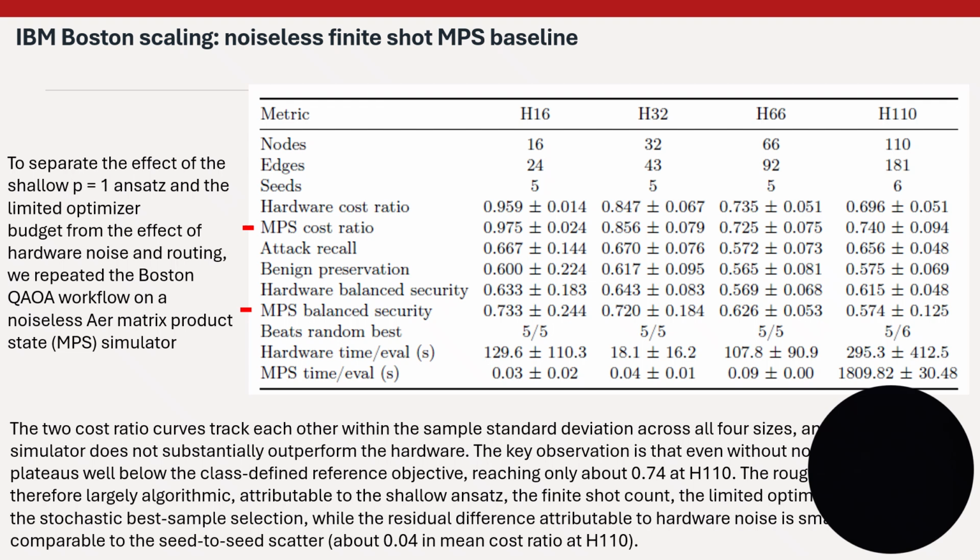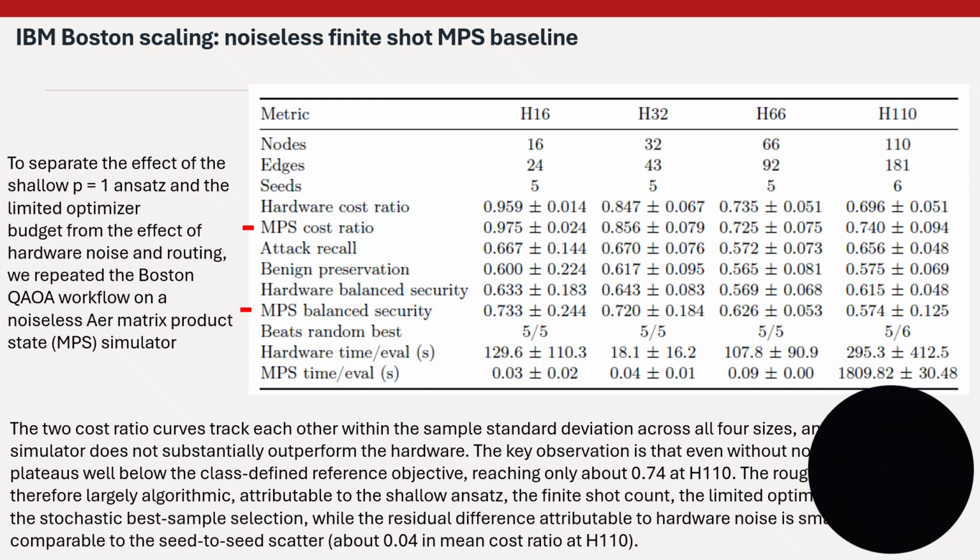Continuing our Boston scaling runs, we looked at the different cost ratio curves, and in particular we're going to highlight the matrix product state simulator, MPS results, for cost ratio and for balanced security as indicated in this table. The 2 cost ratio curves track each other within the sample standard deviation across all 4 datasets.